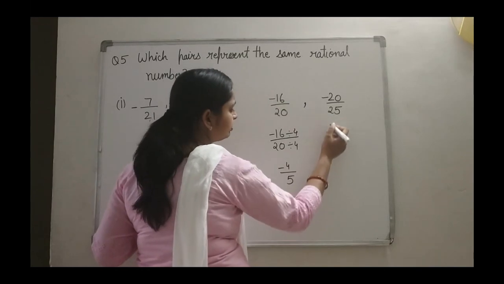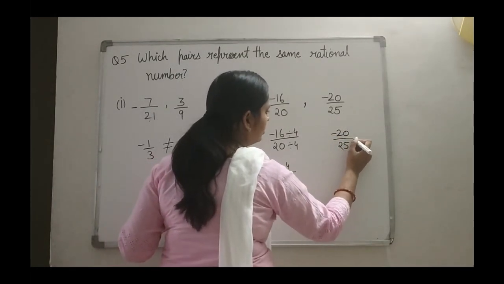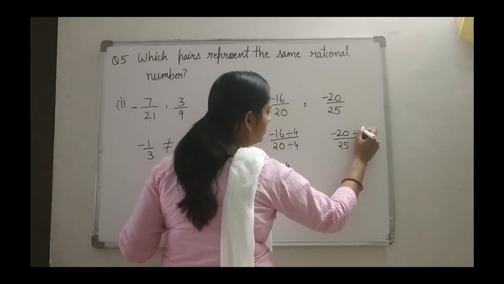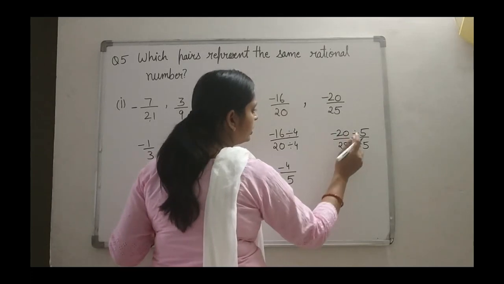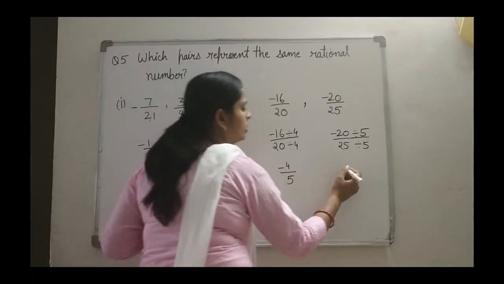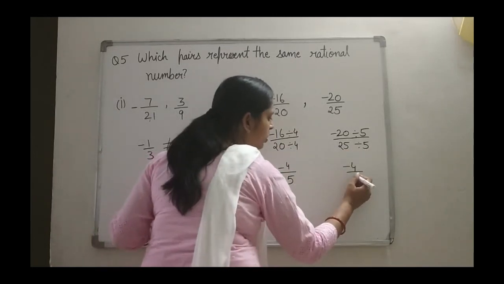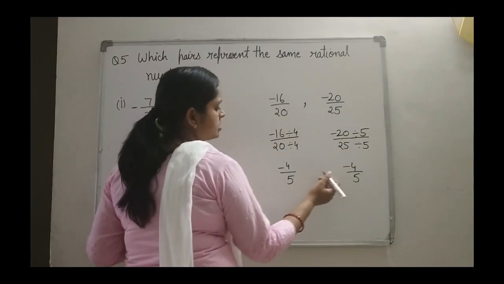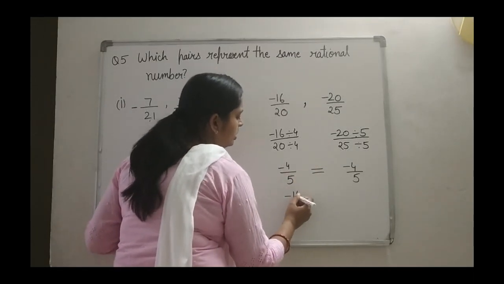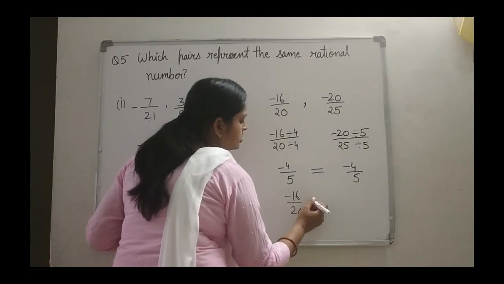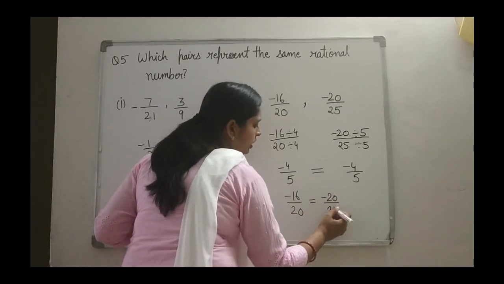And here minus 20 upon 25, both can be divided by 5. So what is the lowest term for this? 20 divided by 5 will give you 4, so again minus 4, and 25 divided by 5 will give you 5. Both have the same standard form, so they are equal. Hence minus 16 upon 20 is equivalent to, or the same as, minus 20 upon 25.